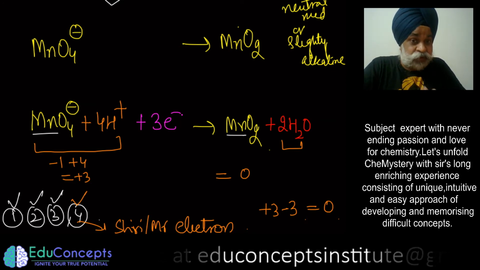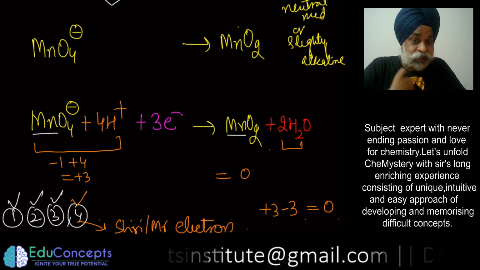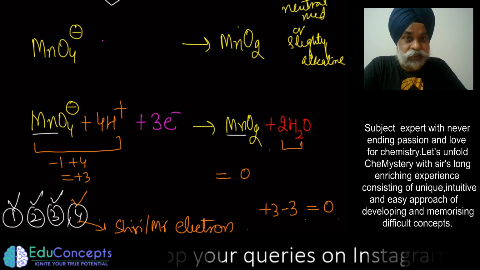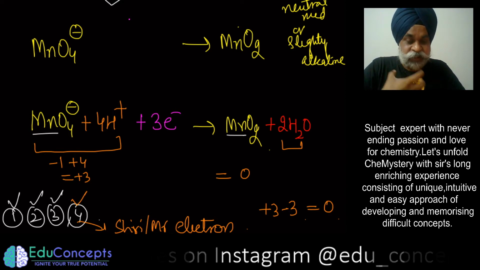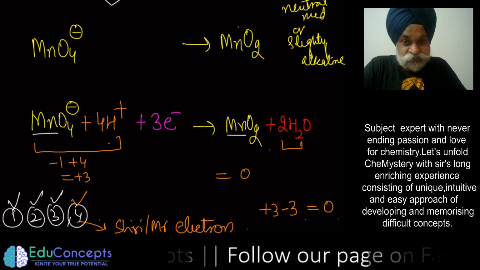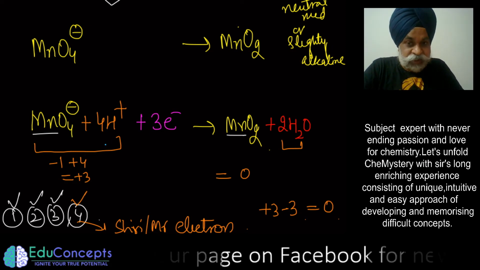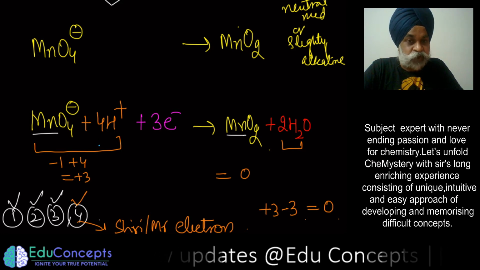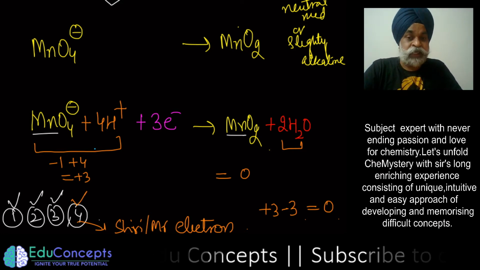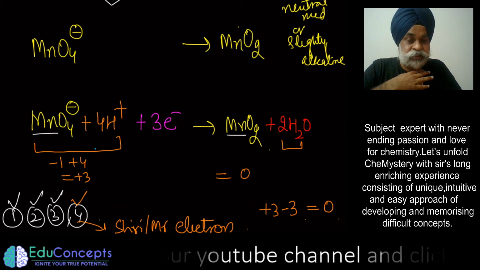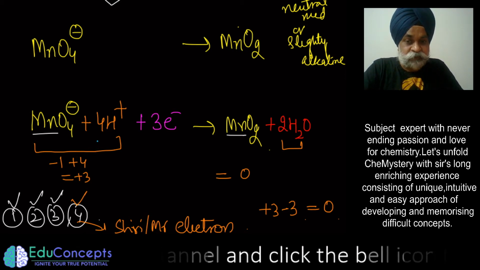But actually this reaction is occurring in slightly alkaline medium. So if this reaction is occurring in slightly alkaline medium, then you have to engage basic medium. Basic medium means how do I balance it? Whatever H positive you are seeing on the reactant or product side, just remove that with the help of OH negative.